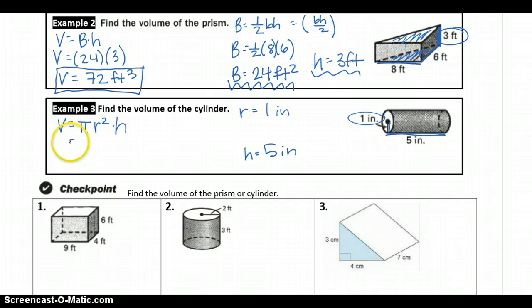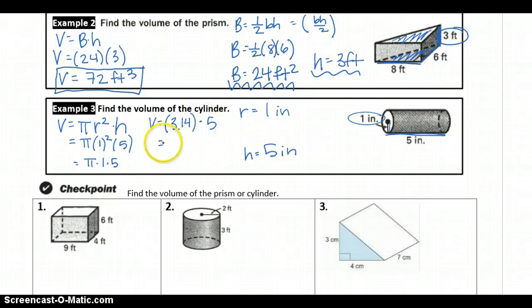So V equals pi r squared h will become V is equal to pi, for r we'll put in 1, so 1 squared, times 5. 1 squared is just 1, so we can rewrite this as pi times 1 times 5. And when we multiply this out, we're going to use the approximation 3.14 for pi, times 1 times 5, that's the same as just times 5.